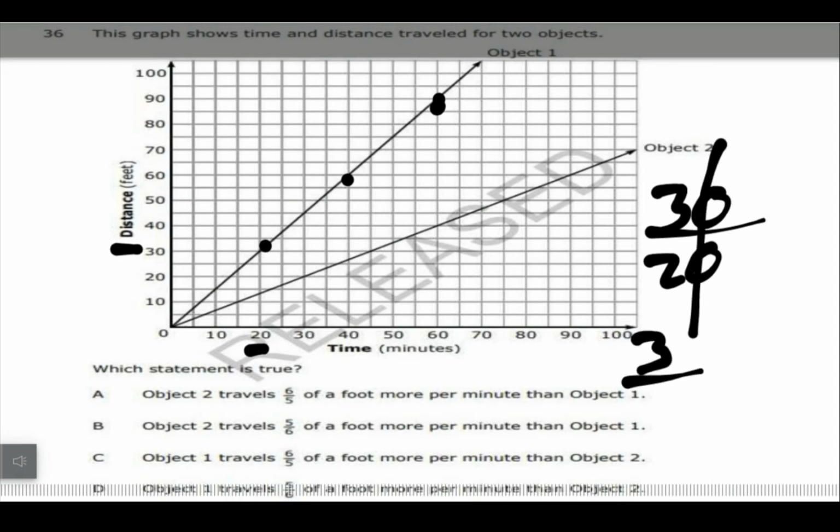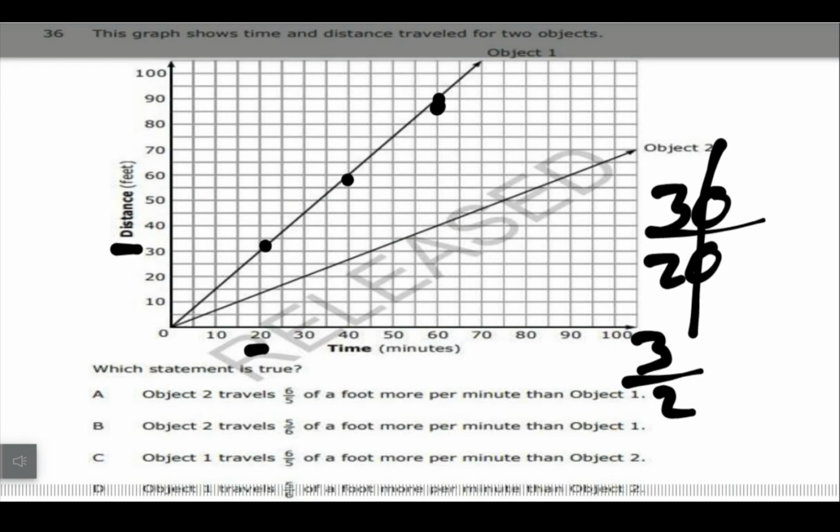Also right here is another one, and then right here. So you're going to do your y divided by your x. Wherever they meet, they're all going to give you the same. So for object one, it's 30 over 20, which, if I cross off zeros, is just 3 out of 2.